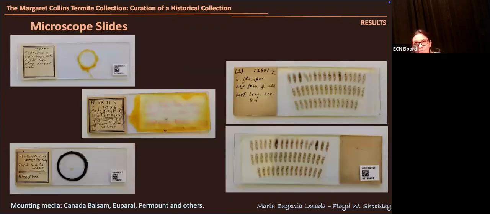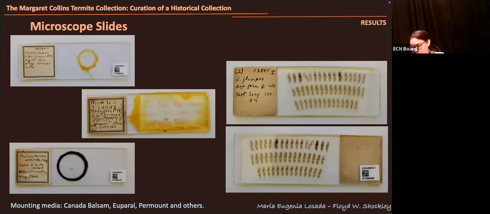Microscope slides. In this case, the challenge was mostly the different mounting media the slides were prepared with. So in different cases for cleaning them, you need to use different techniques because otherwise you can destroy the mounting. And I needed to clean them in order to be able to stick the QR code or the unique identifier.